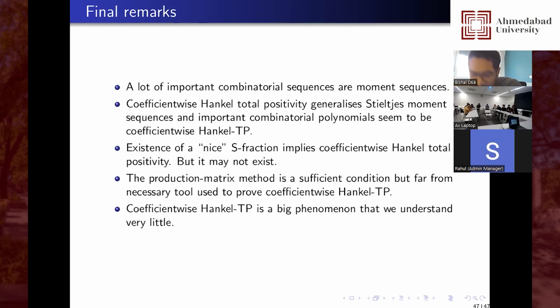So for the sum, it's pretty simple that it is a Stieltjes moment sequence. Unfortunately, as you upgrade from pointwise to coefficient-wise, it's no longer guaranteed that this will be true.